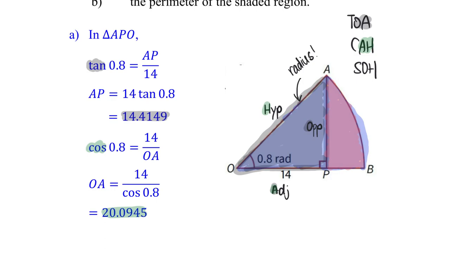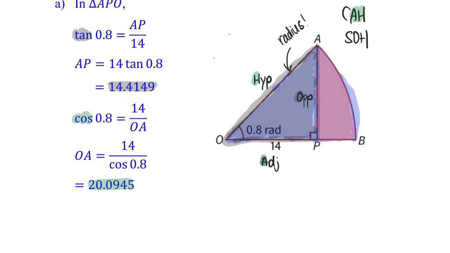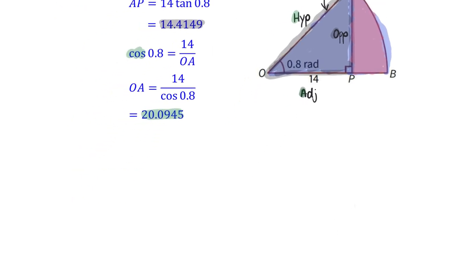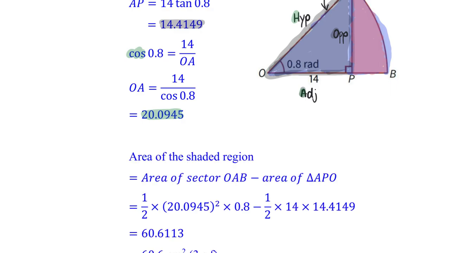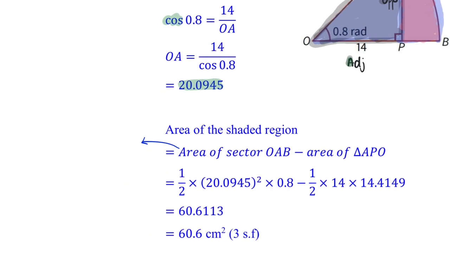So that now comes the next part, which is I need my blue color sector area. And at this point, please remember that area of a sector, in case you forgot about it, when the angle is in radian is half r squared theta, where theta is angle in radian.